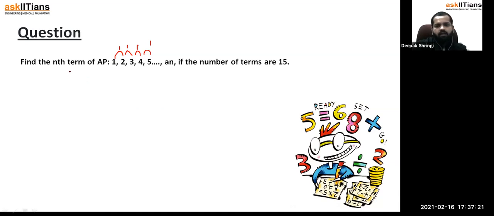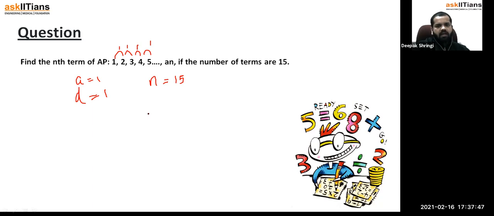an AP. The number of terms is 15, the question is telling me. So in this AP, A is equal to 1, D is equal to 1, as we have calculated, and the number of terms is 15. So A is 1, D is 1, n is 15.